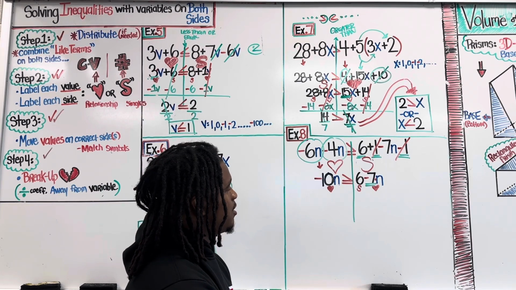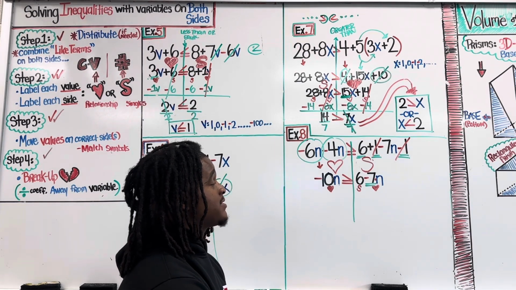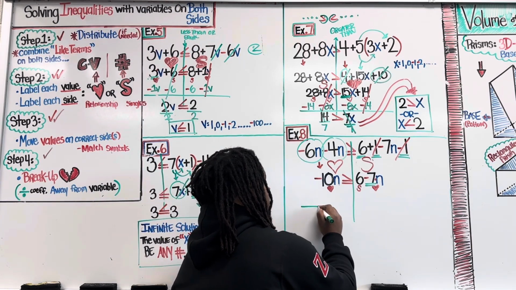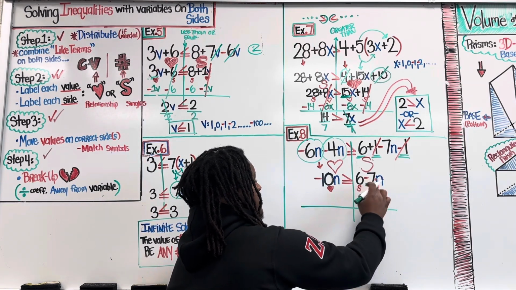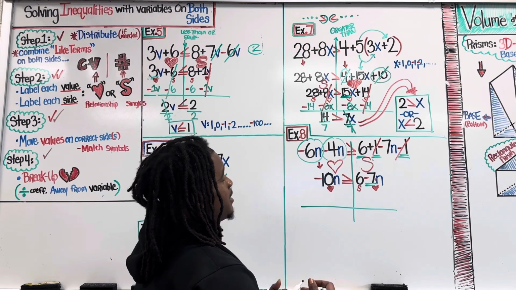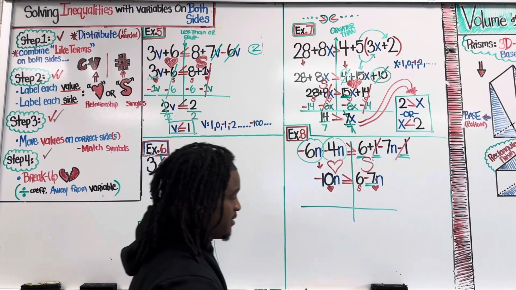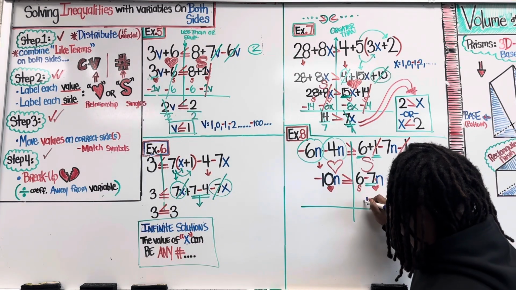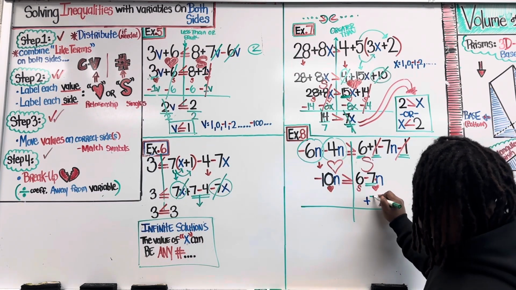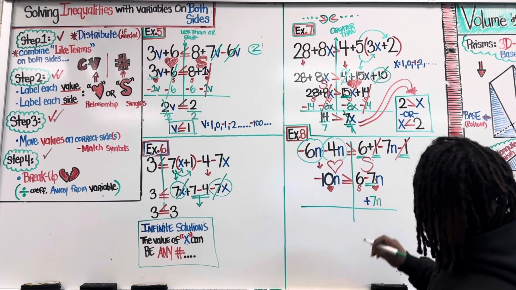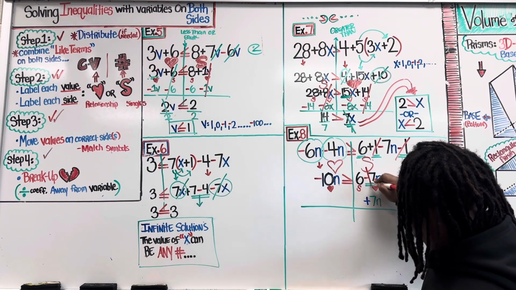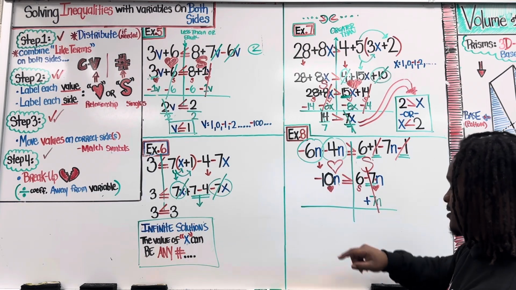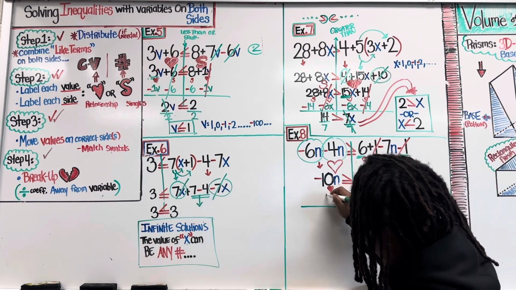So what we need to do is move negative 7n to the opposite side where it needs to go. So the inverse or the opposite of minus 7n, or negative 7n, is positive 7n, or plus 7n. All right, so let me move on this side. So let me put plus 7n. All right. And a negative 7n and a positive 7n cancels out. Then I have negative 10n plus 7n, right?